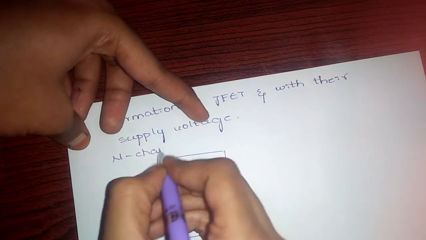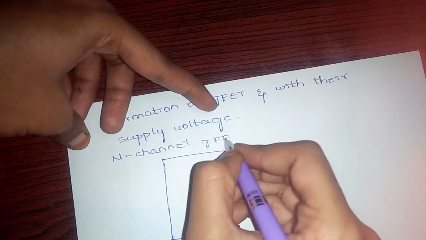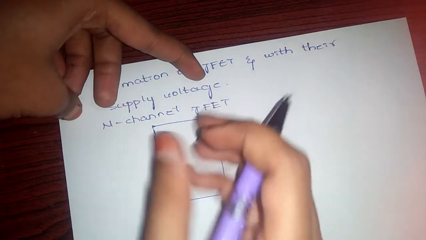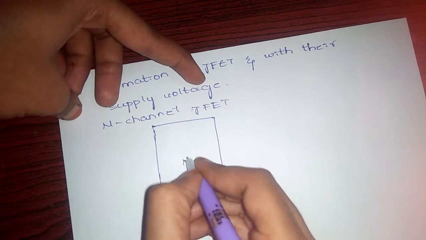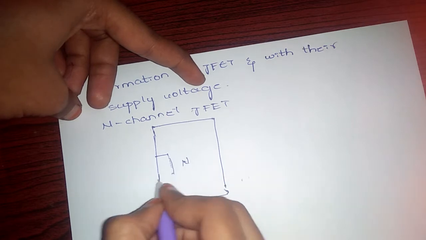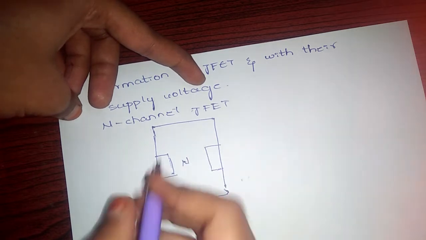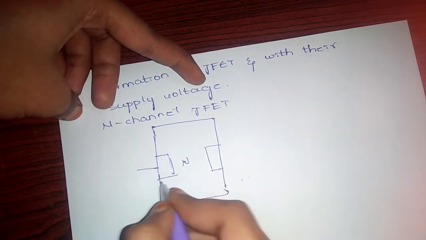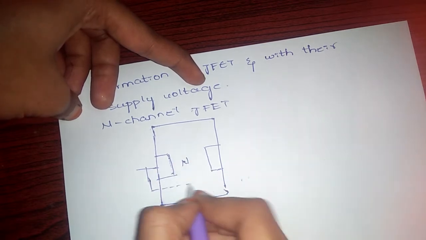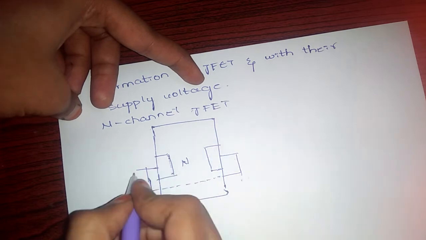For an N channel JFET, the channel will be of N type, where two highly doped P-type materials are introduced in it, and they are internally shorted and a single terminal is taken out.